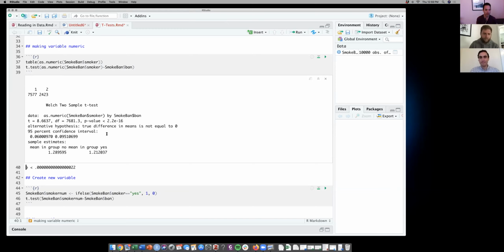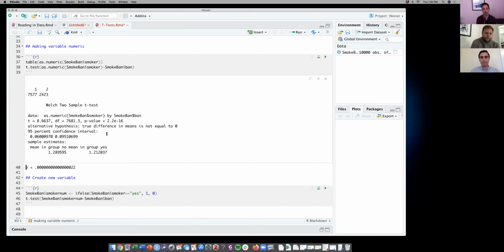The core idea is, are the two means equal? Are the two means equal, which in this case is the percentage of people that smoke where there is a ban and people that smoke where there isn't a ban? Is the difference in those means equal to 0, or indistinguishable from 0? And what we're saying is that there's a very low chance that there is no difference.